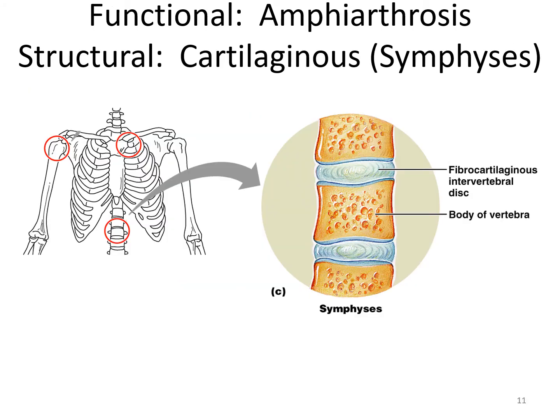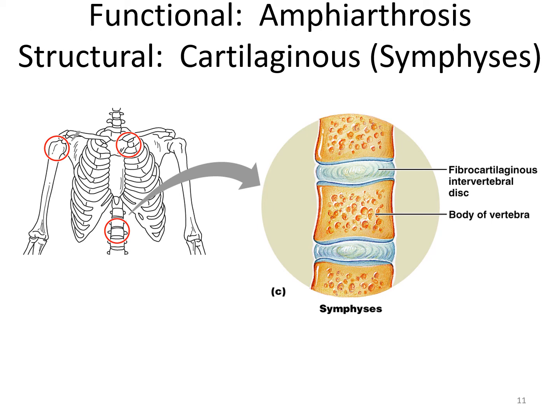Here's another example of an amphiarthrosis joint. Keep in mind, the functional category is amphiarthrosis, meaning this joint has some degree of flexibility. Structurally, we're talking about cartilaginous joints. That is a piece of cartilage wedged between two pieces of bone. These are symphysis joints because of that construction.